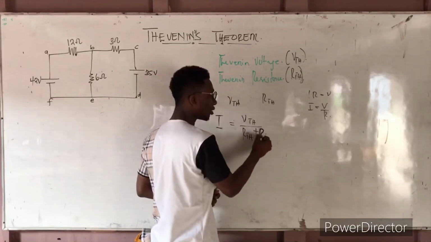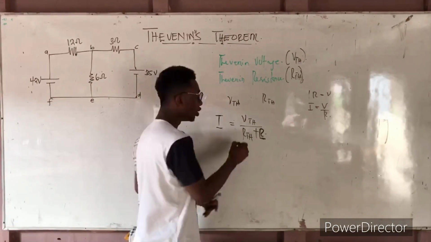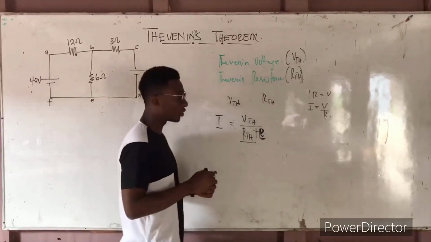That particular resistor whose current we want to find is the R here. So the Thevenin resistance we find, plus that particular resistor, is what we are looking for.